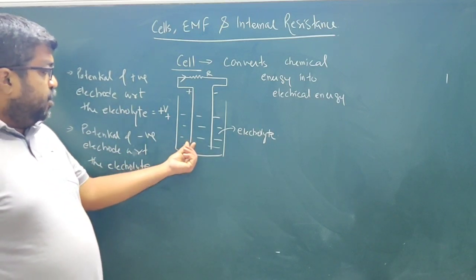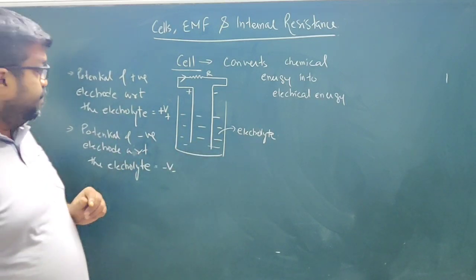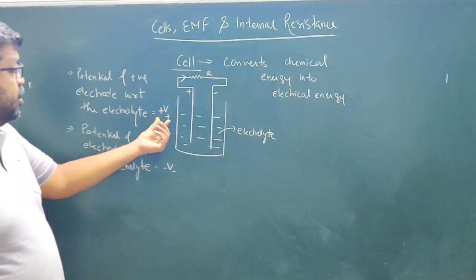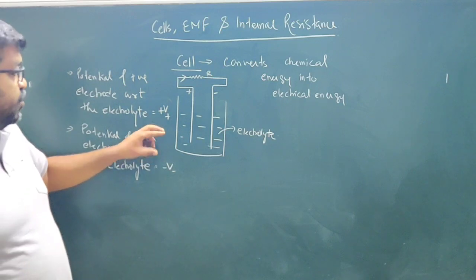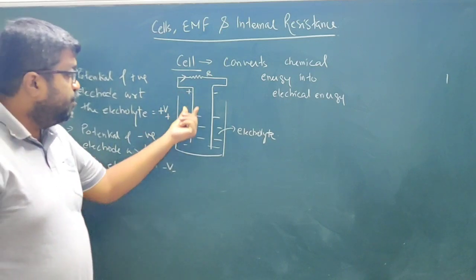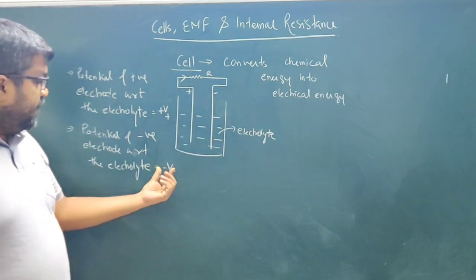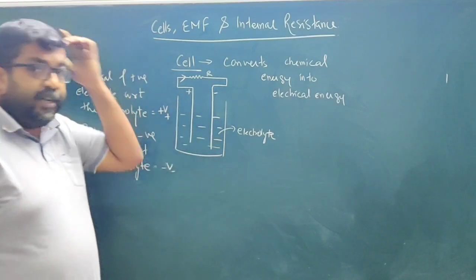So this is having a positive potential, this is having a negative potential. We have defined this as the positive potential of the positive electrode, and we have defined this as the potential of the negative electrode.